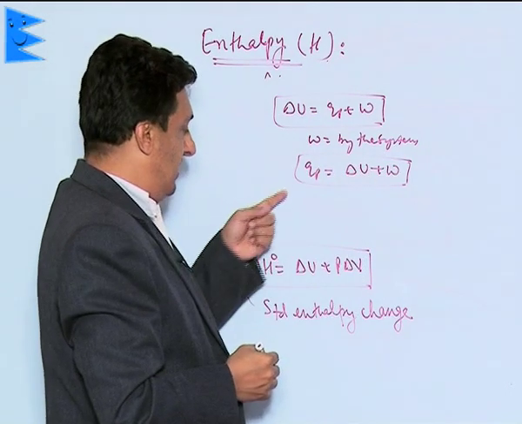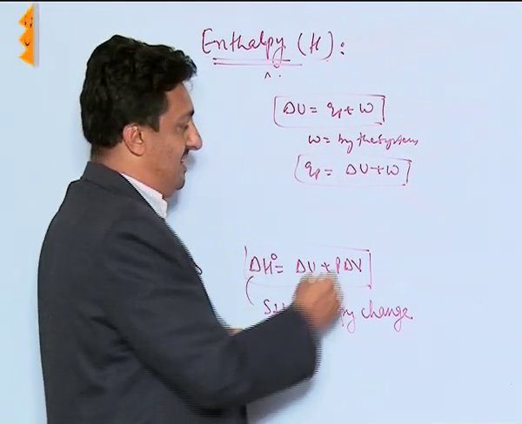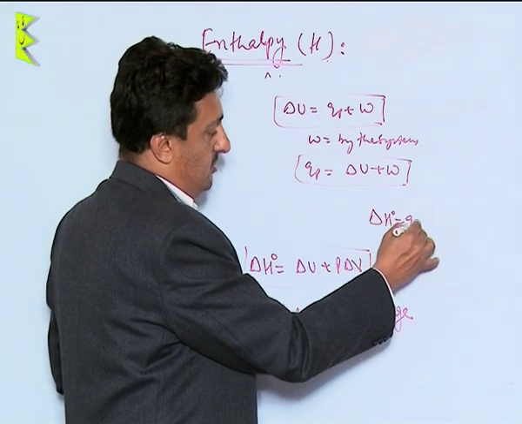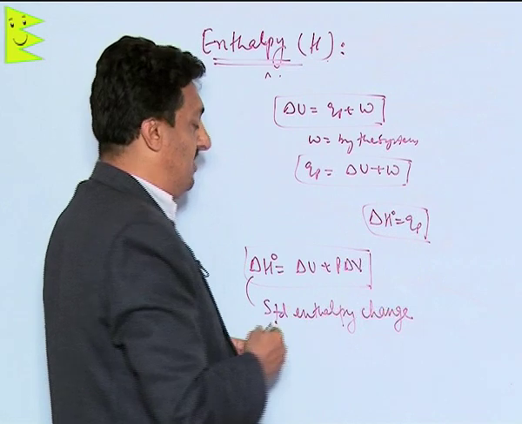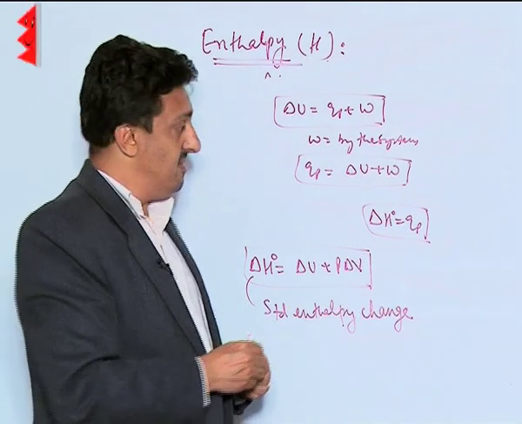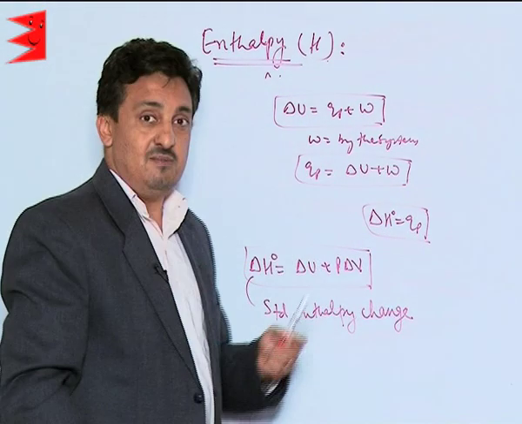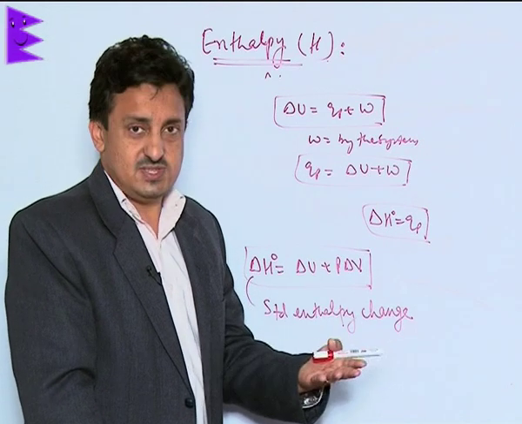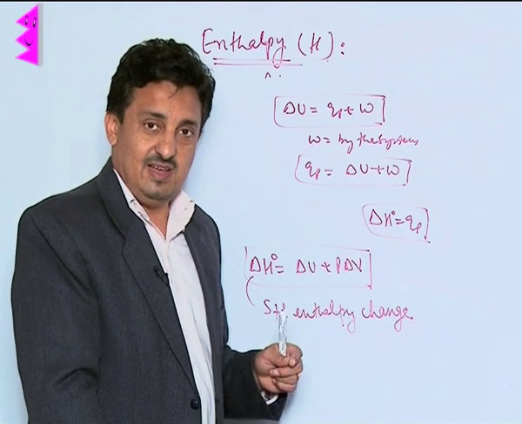Now when we compare these two equations, we can easily make out very clearly that this delta H naught is equal to QP. The significance of equalizing both the equations is that delta H is the amount of energy which is actually being given to a system at constant pressure.